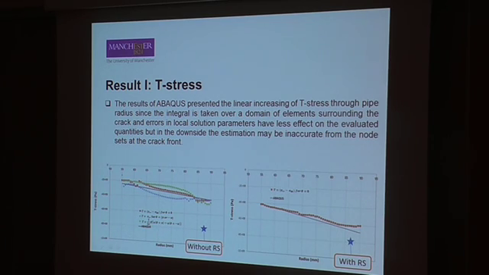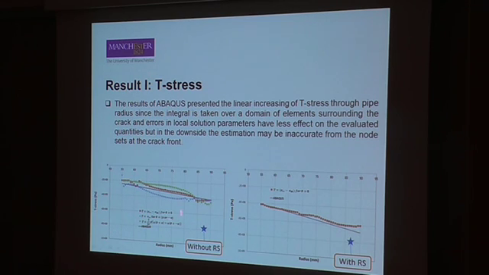For each crack tip, we take an integral, so the inaccuracy of the stress at one point cannot affect the final results. But on the downside, inaccuracy can be carried from one crack tip to another. You see here that the calculation of the stress based on the two stress fields, sigma xx minus sigma yy, presented a better result because the singularity effect of one stress field can be vanished by the second one.